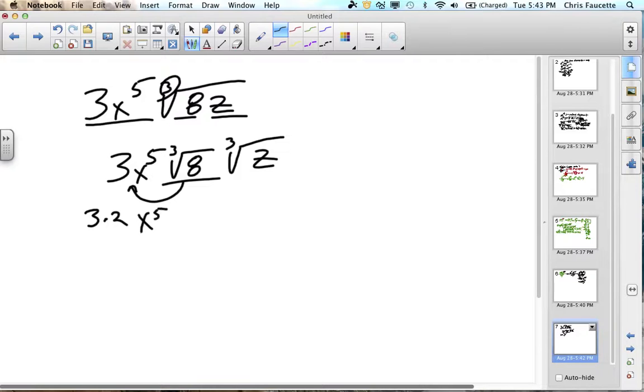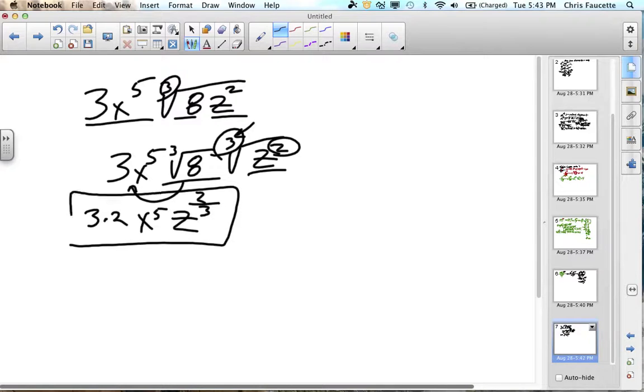x to the 5th. And now I need to rewrite this because this is a variable. It's a cube root, but I want to change this a little bit, guys. Let's put a square up here. So z, my power goes up on top. My root goes on bottom. And this is your answer.